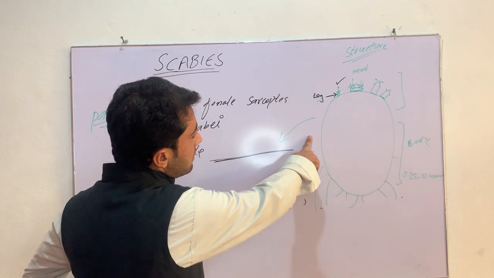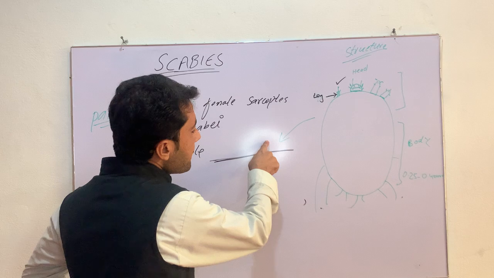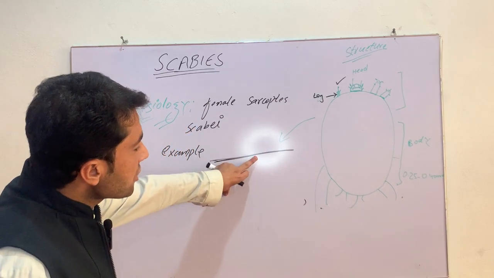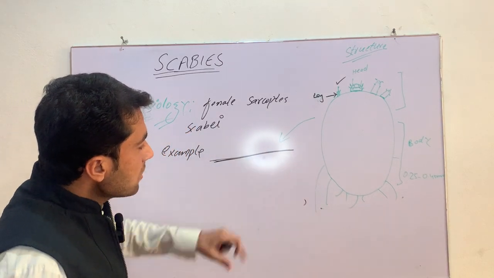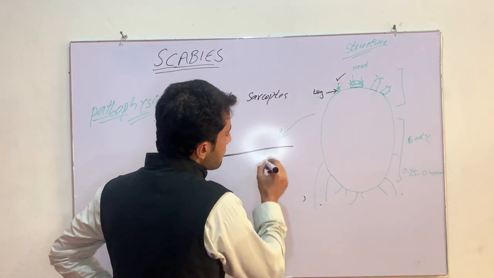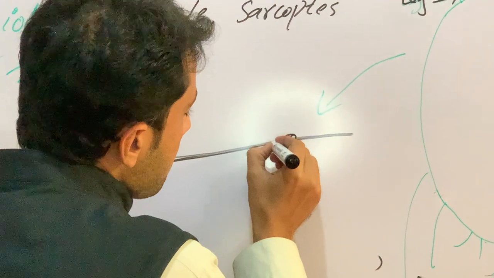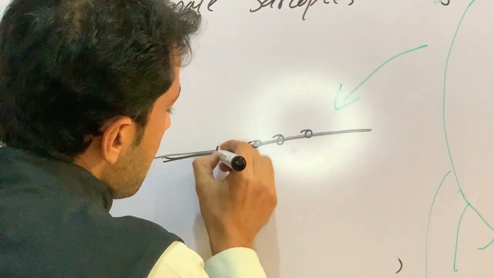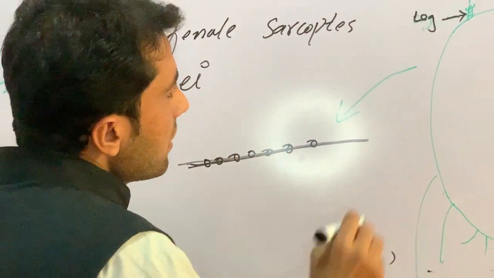This Sarcoptes scabiei enters the superficial layer of the skin, and burrow means pores, through their legs.